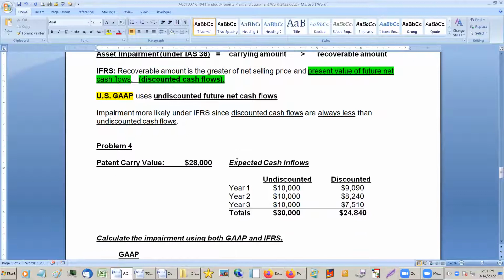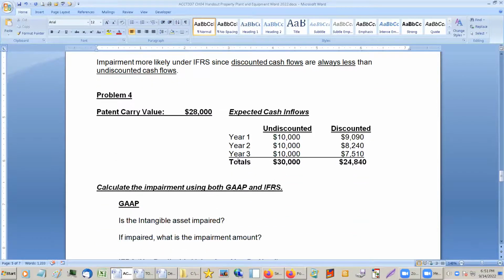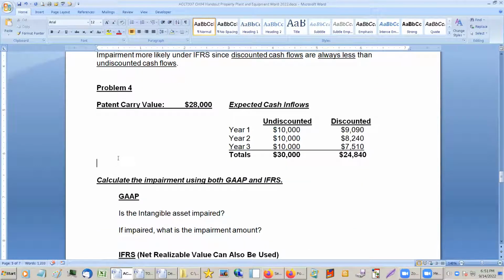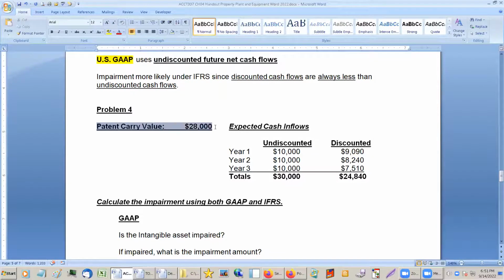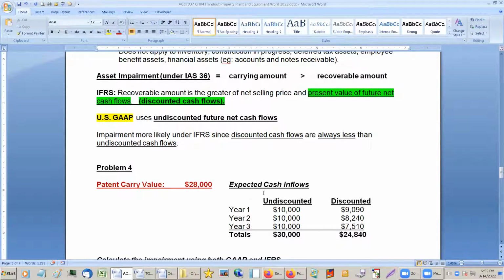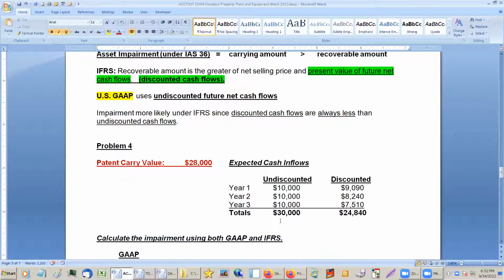Okay, so coming down to this one. We have a patent that has a carry value of 28,000. So we've got the books for 28,000. We're looking at the expected cash flows. The undiscounted cash flows, the one that we use for GAAP, is 30,000.